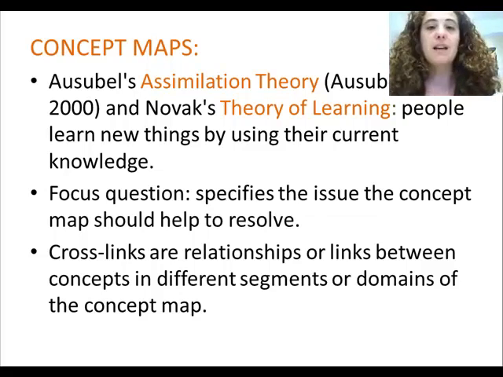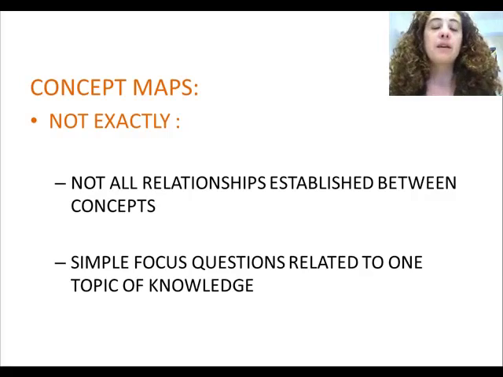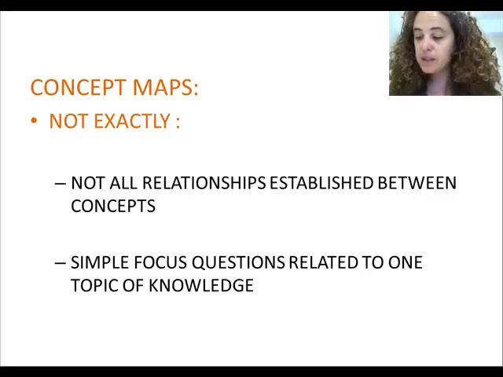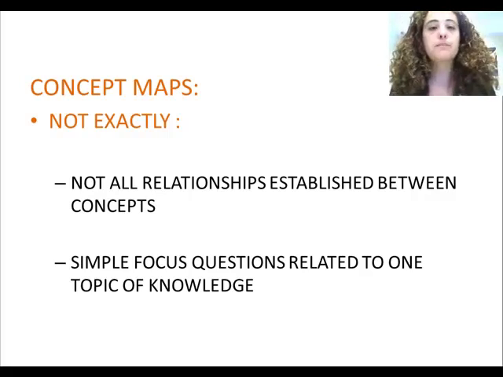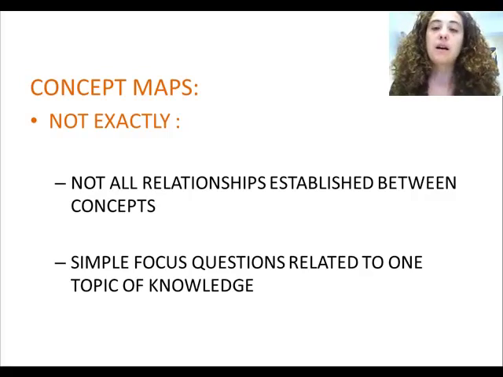Also, it establishes relationships between the concepts so that we can relate them in appropriate ways and remember them. What we're going to be working with are not exactly concept maps because not all relationships between concepts are specified, and also because there's only one simple focus question, which is the particular area of knowledge. In our case, traveling and transport.